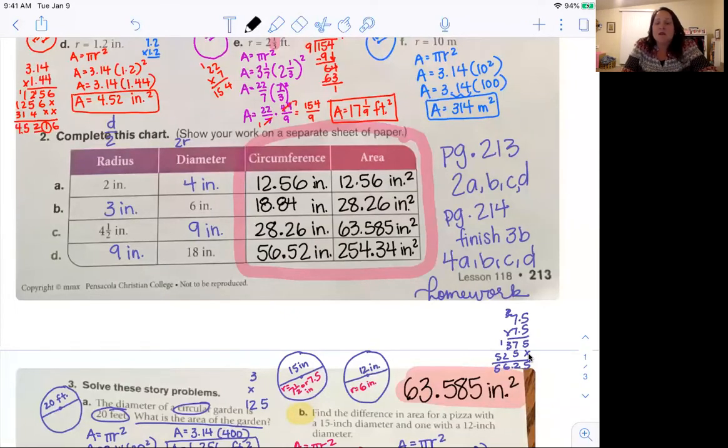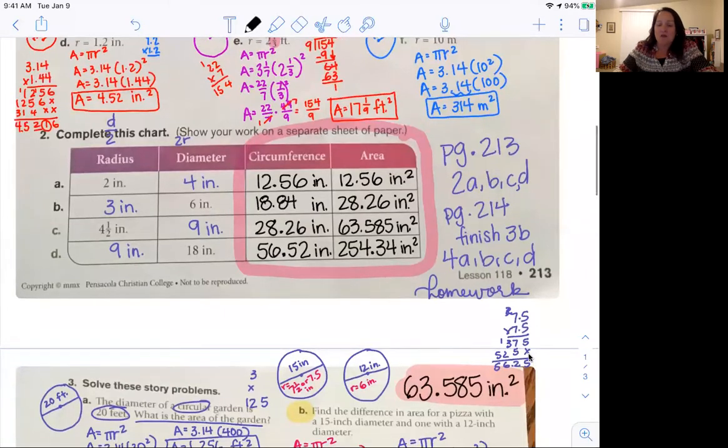Letter B, circumference is 18.84 inches and area is 28.26 inches. C, circumference is 28.26 inches and area is 63.585 inches. D, circumference is 56.52 inches and area is 254.34 square inches.